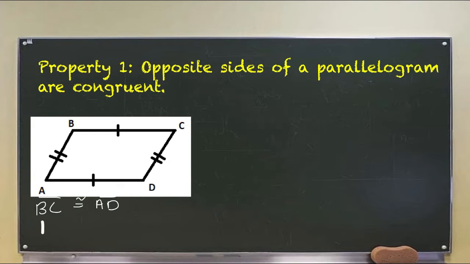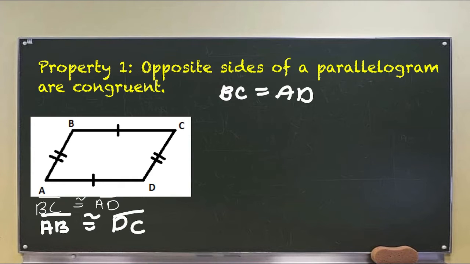Ang AB ay congruent sa DC. Ano ba ibig sabihin ng congruent? Ang ibig sabihin ng congruent ay pareho sila ng sukat. So, that means BC is equal to AD. Also, AB is equal to DC.